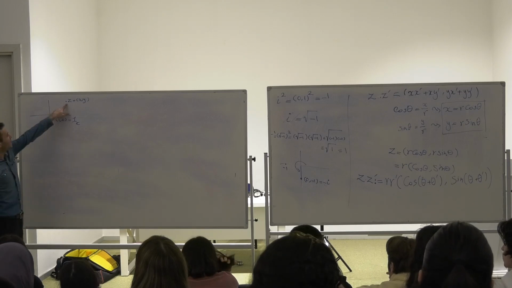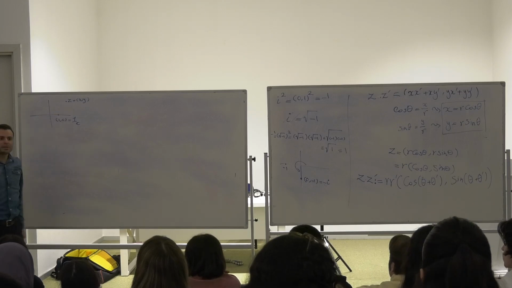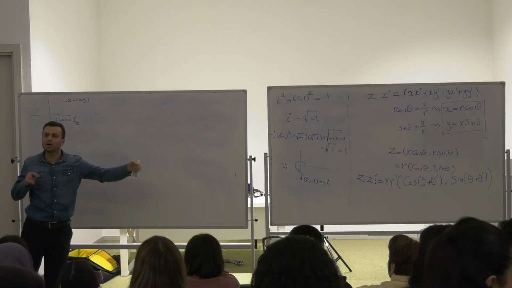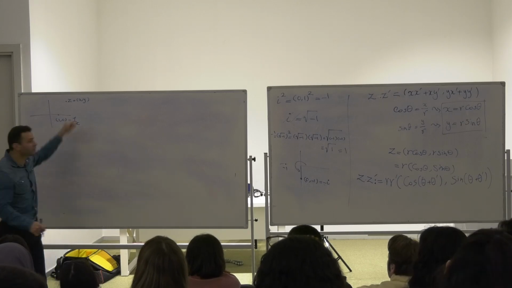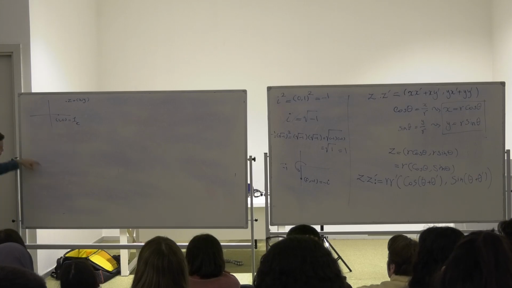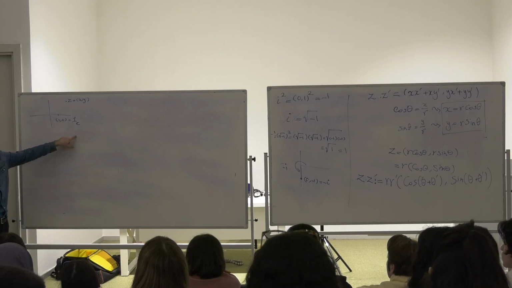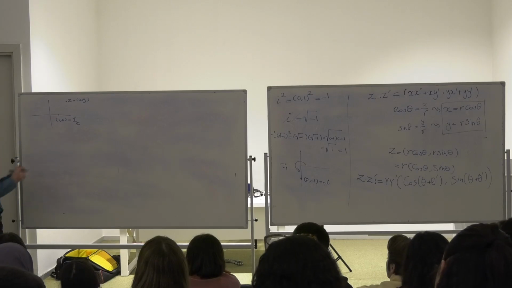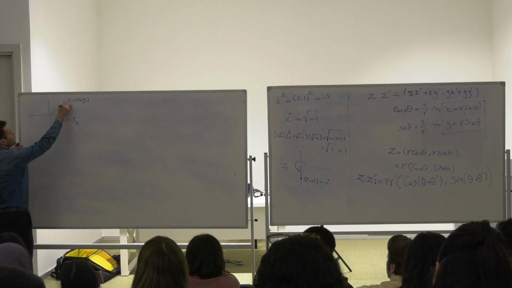If we have this z, can you please introduce me another number which behaves like a multiplicative inverse of this number? Can you geometrically show me a number such that if I multiply these two, the result is going to be 1? What should we do for it?